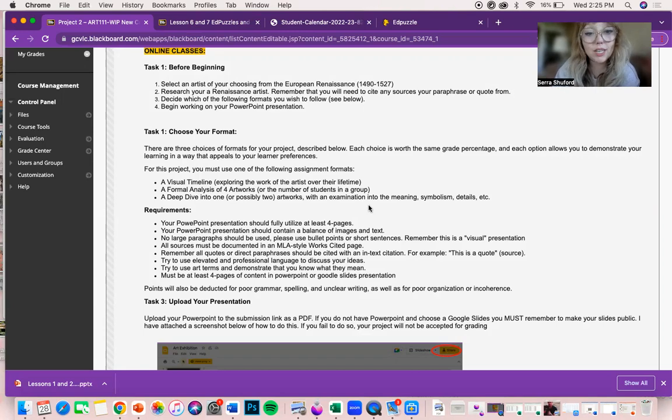And then the last one, a deep dive into 1 or possibly 2 artworks with an examination into the meaning, symbolism, details, etc. Now, the deep dive would be a good choice if you wanted to do something like Michelangelo's Sistine Chapel, or an artwork that is more complex than, say, one singular portrait.